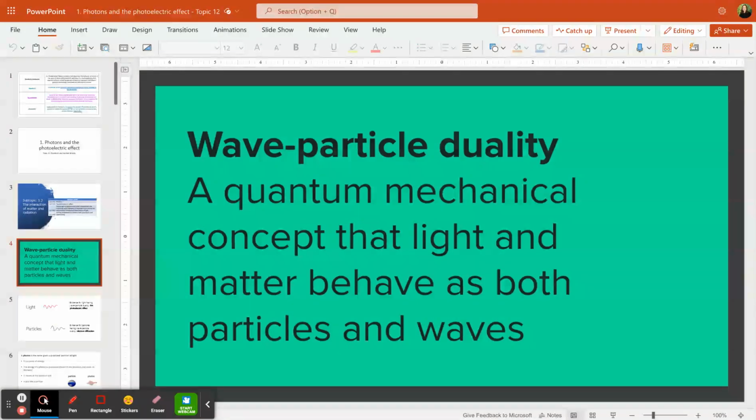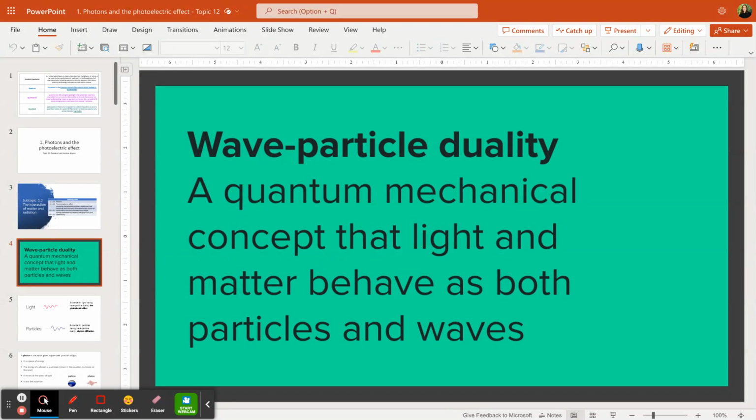And we now say, okay, hang on a minute, both light and matter can behave in a particle way and in a wave way. Light can now not just be seen as a wave, but also as a particle. And matter can be seen not only as a particle, but also as a wave. I'm going to keep throwing this phrase at you: wave-particle duality.